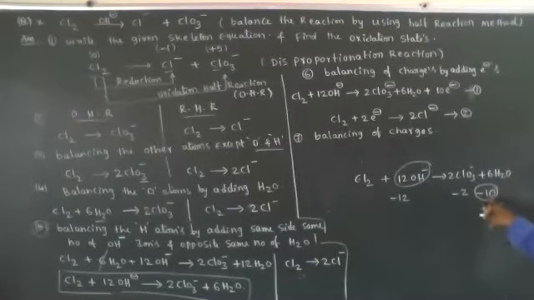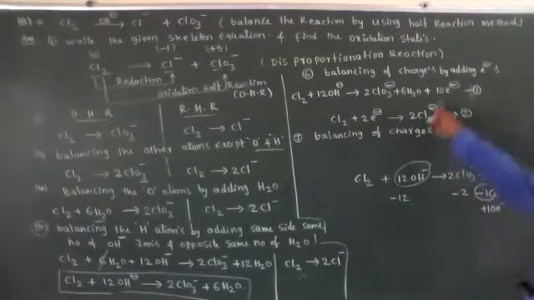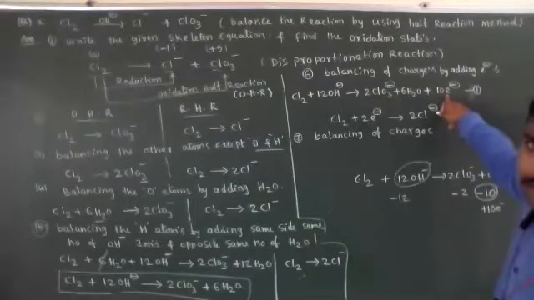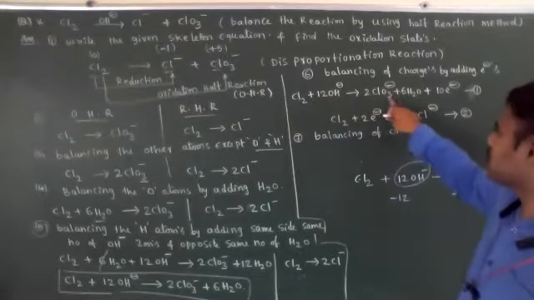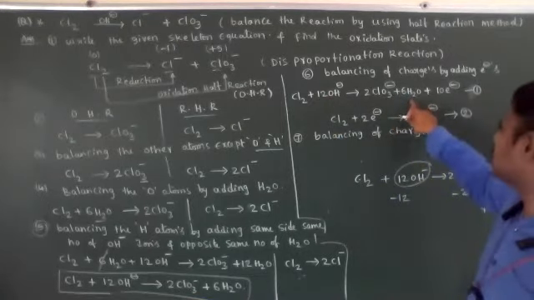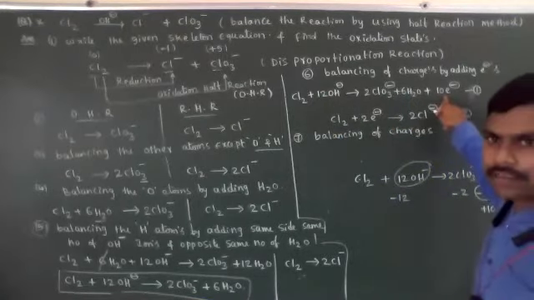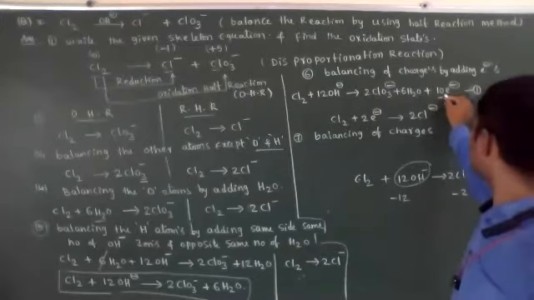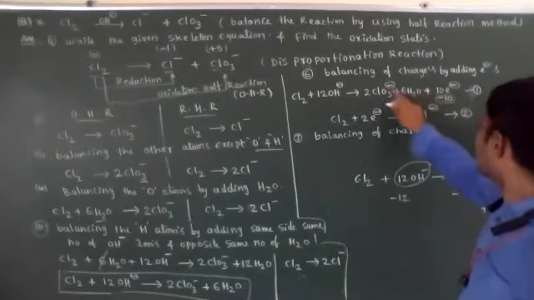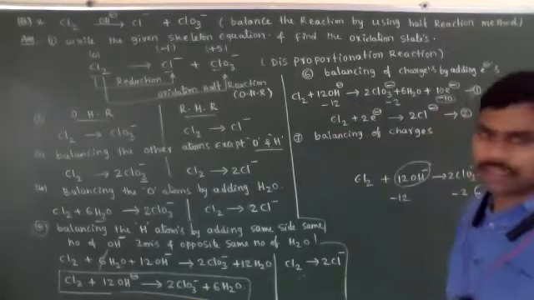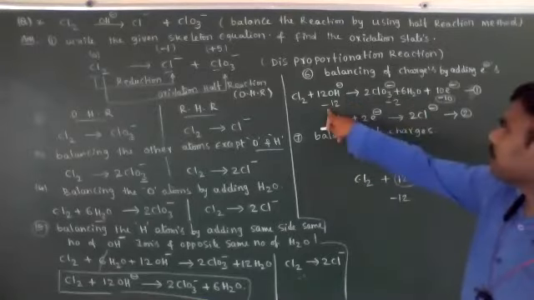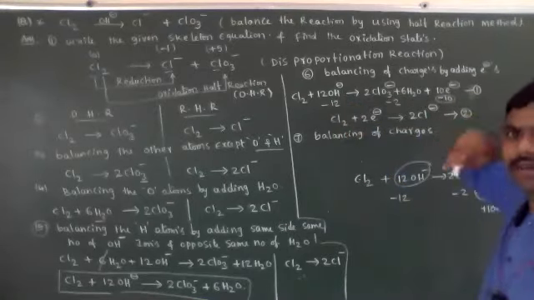Then minus 2 minus 10 is equal to minus 12. That's why on this side I added 10 electrons: Cl2 plus 12 OH minus converted into 2 ClO3 minus plus 6 H2O plus 10 electrons. 10 electrons means charge minus 10. Already minus 2 is present, and on the other side minus 12 is present. So the total on this side is minus 12, and on this side also minus 12.